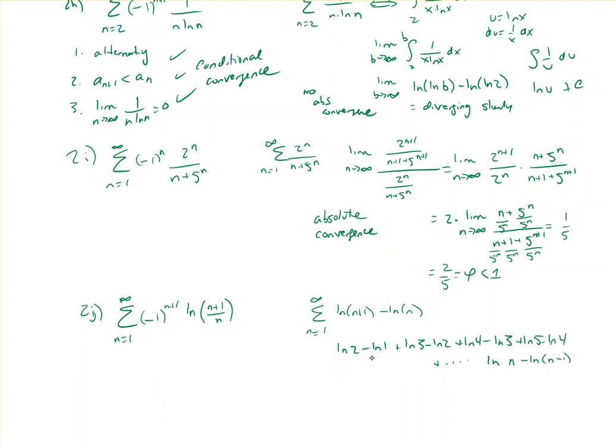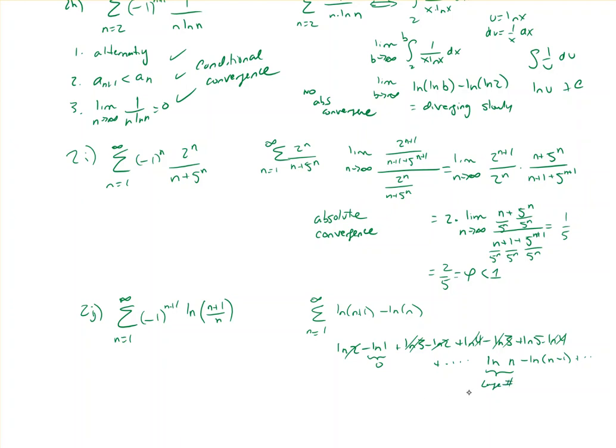Like ln of 1 is 0, right? This is 0. But ln of 2 cancels with that ln of 2. This ln of 3 cancels with this ln of 3. This ln of 4 cancels with this ln of 4. This ln of 5 is going to cancel with the next negative ln of 5. In fact, this negative ln of n minus 1 is going to cancel the ln of n before it. And eventually, you're still going to be left with this one big number. It's a huge number.